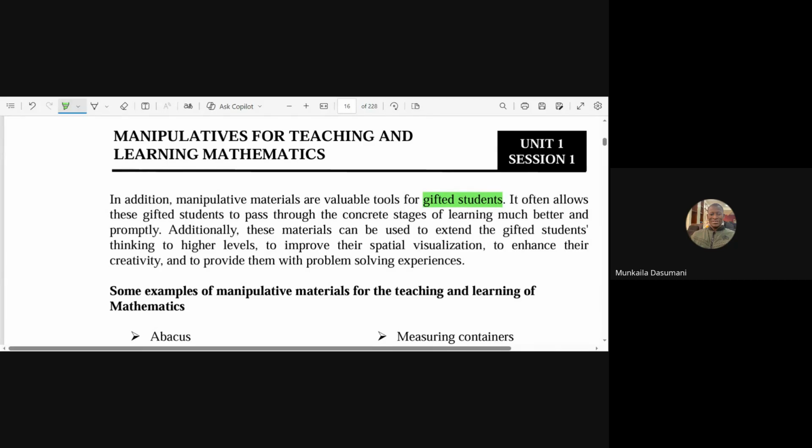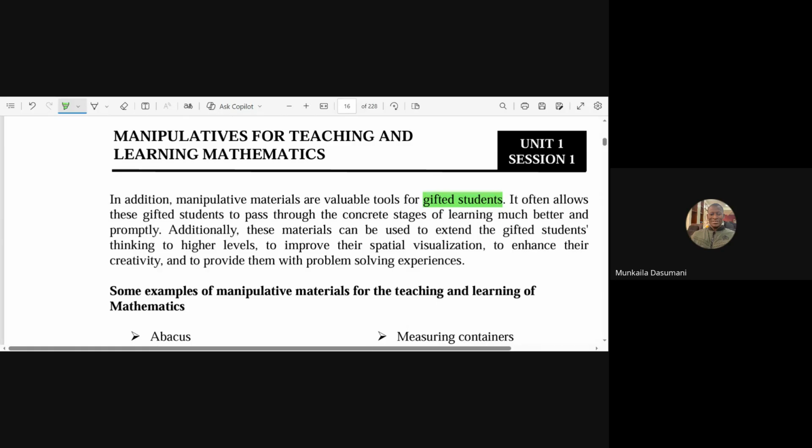No matter how high your IQ is, you need to pass certain stages. If your IQ is very high and your numerical ability is very high, you can learn, and when manipulatives come in, they promote you very fast and increase the pace of learning.